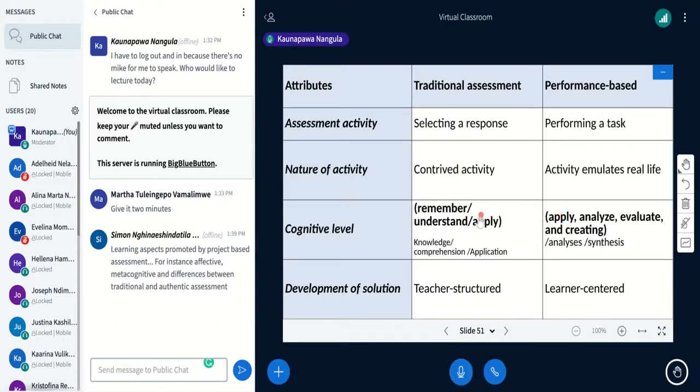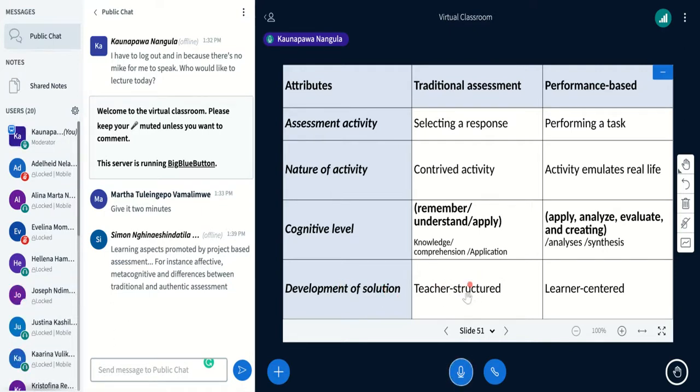Apply falls under traditional. And then analyze, evaluate, and create. So this is the high level, higher order thinking skills. In the old version, we had analysis, synthesis, and I don't know what the other one is, I cannot think of it off the top of my head right now. And then development of solution.